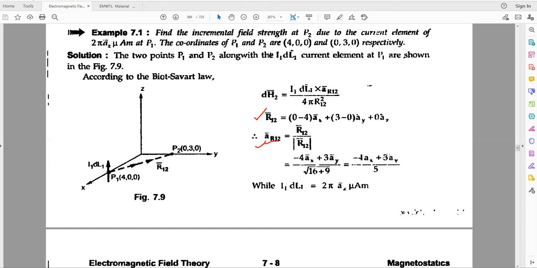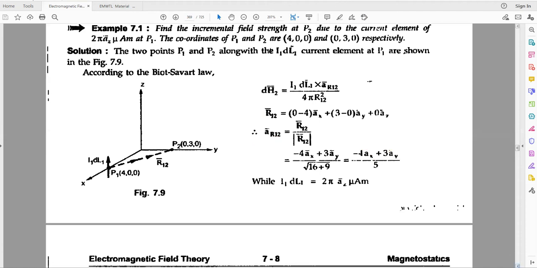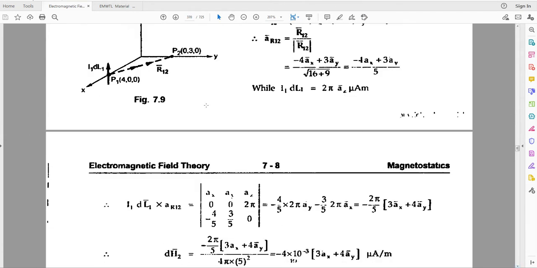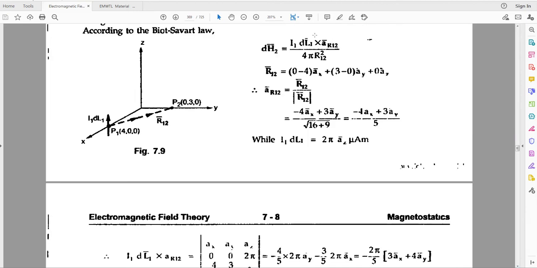Minus 4 AX bar and 3 AY bar by 5 is the base vector, my dear students. And I1 DL1 bar is given as 2π AZ bar microampere meter. Okay, I can substitute in the differential magnetic field strength by taking the cross product of base vector and I1 DL1 bar. The formula itself has the cross product.